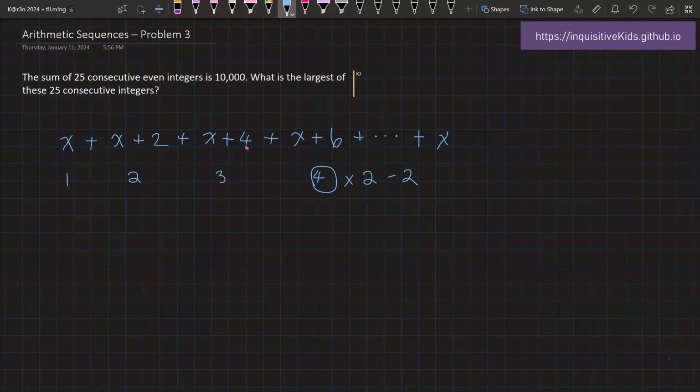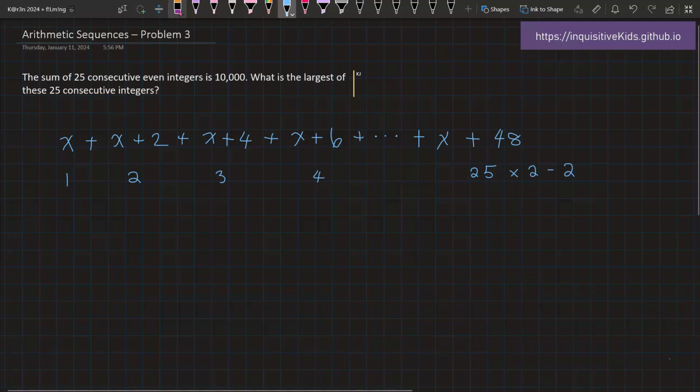This 4 is equal to 3 times 2 minus 2. This is equal to 2 times 2 minus 2. So if this one is the 25th consecutive integer, then we do 25 times 2 minus 2, which is equal to 48. So x plus 48 would be the expression for the 25th consecutive integer.